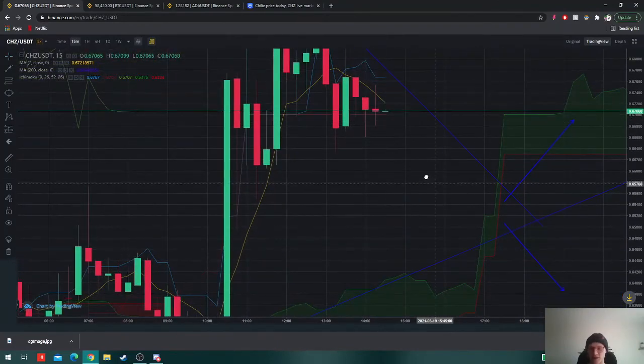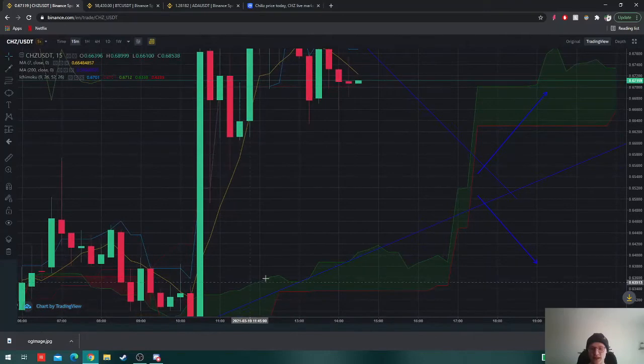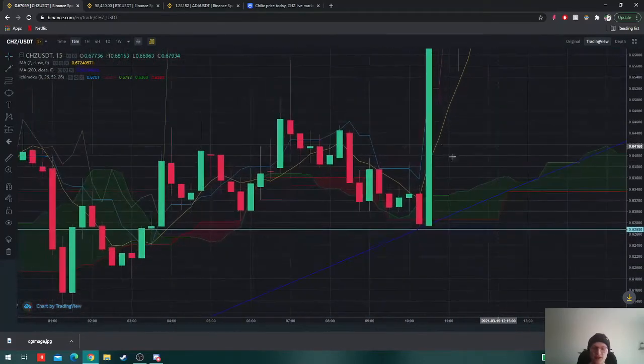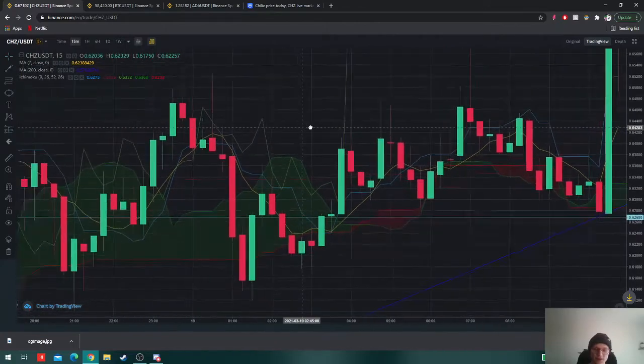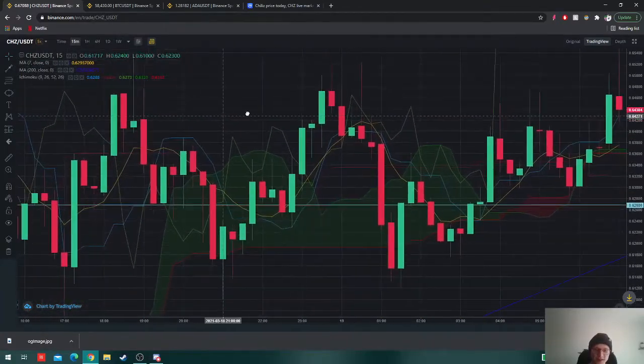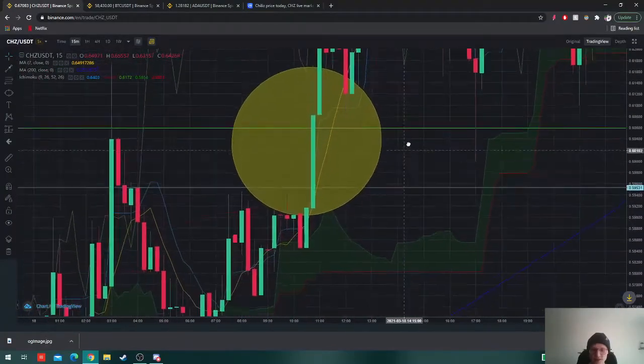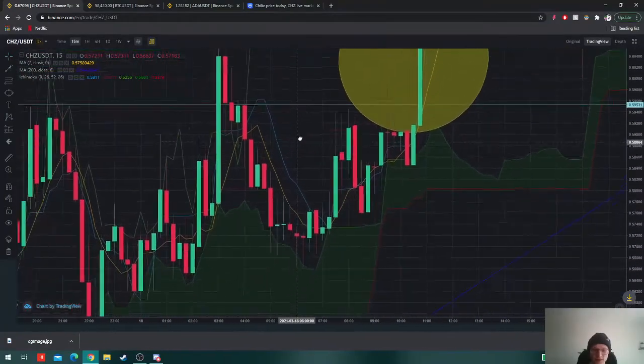For example, you can see that the Ichimoku Cloud here is pretty stationary. Well, actually, if we look at the 50 minutes chart, you can see that the cloud is followed very well some time ago. Let me see if I can find it.